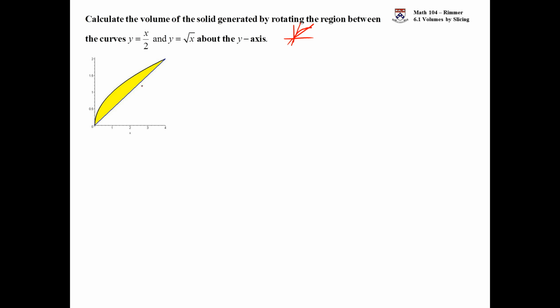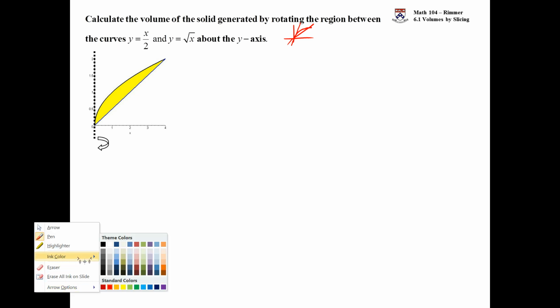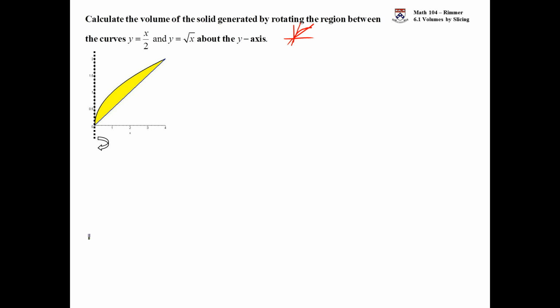We're rotating about the y-axis, and so you visualize that being rotated, and what happens is we get a shape that looks something like this. If we're going to do it by disc or washer, then we must take a rectangle that's perpendicular to the axis of rotation.